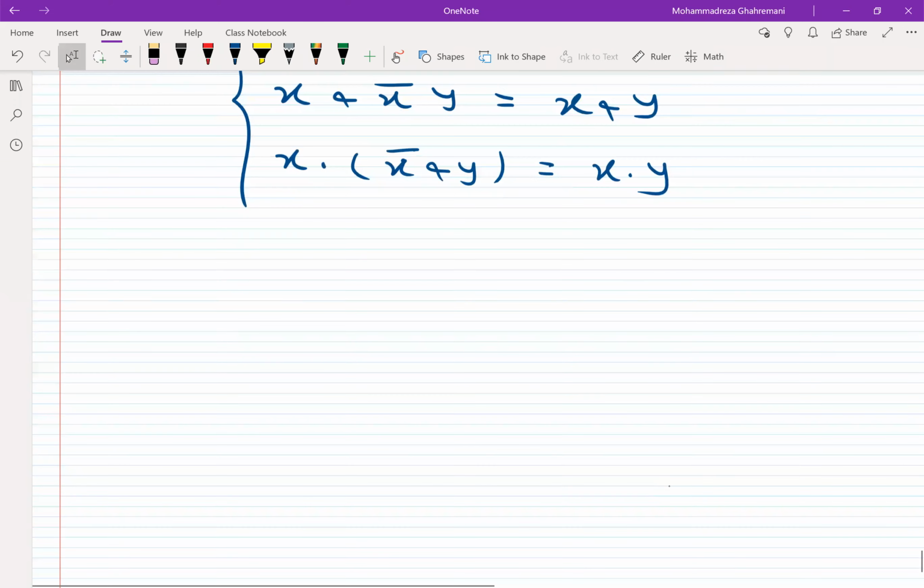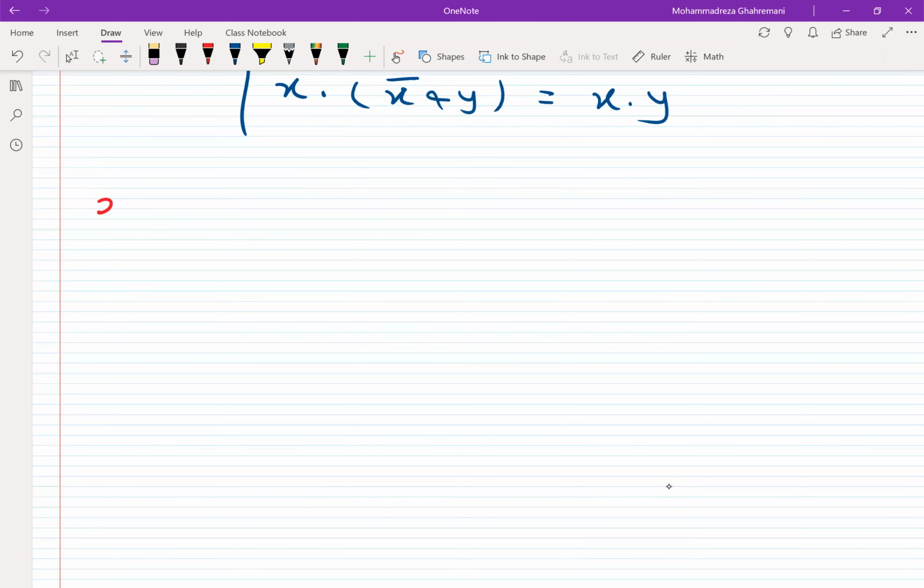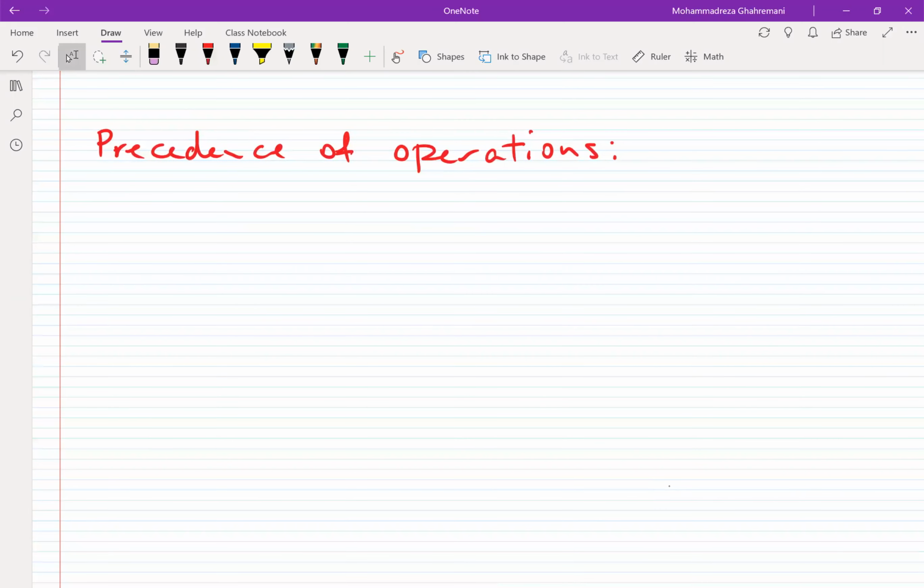So we say what is the precedence of operations. First of all, if we have a parenthesis, anything inside the parenthesis should be performed first, because parenthesis has the highest priority.